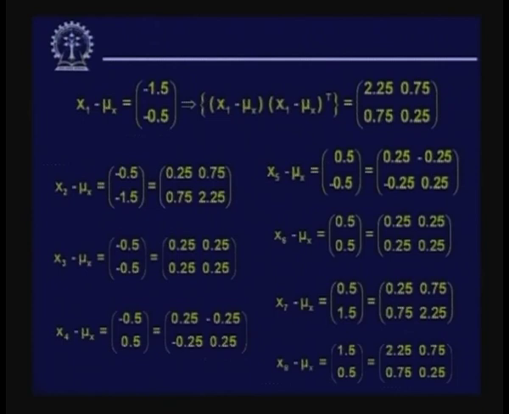So, we can find out (x1 minus mu x) into (x1 minus mu x) transpose. If we compute this, this will be a value equal to 0.25, 0.75, 0.75 and 2.25.